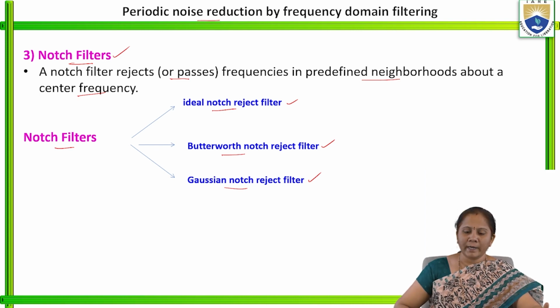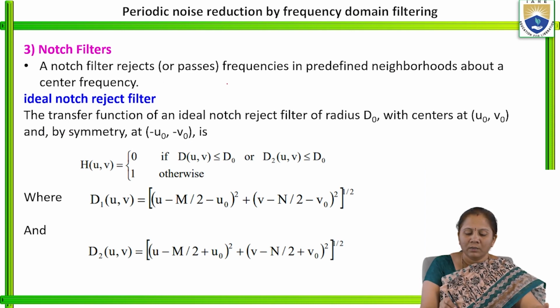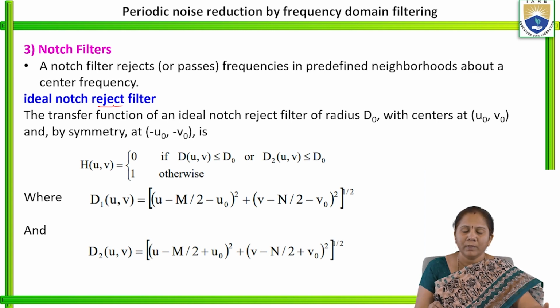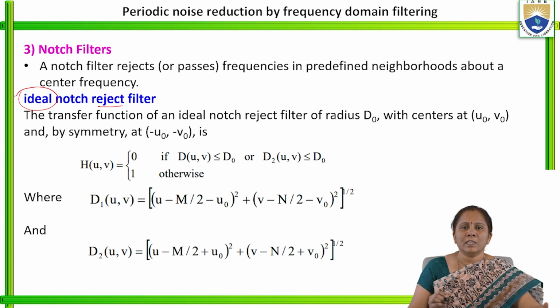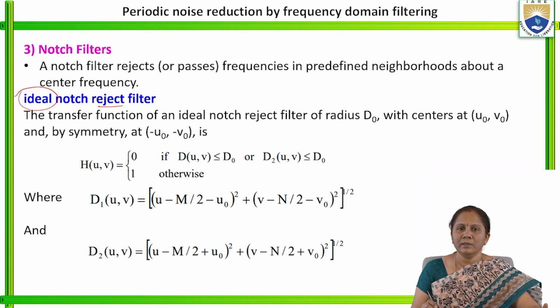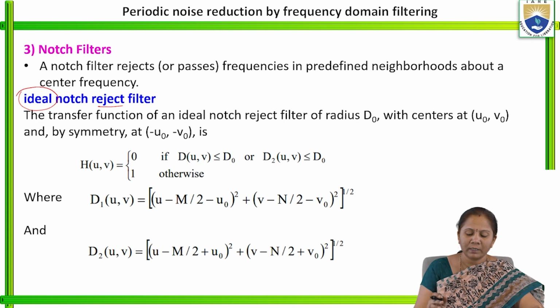So the first one is the ideal notch reject filter. Ideal means in this case also the transition will be very sharp. So some of the frequencies only will be passed or rejected, attenuated.